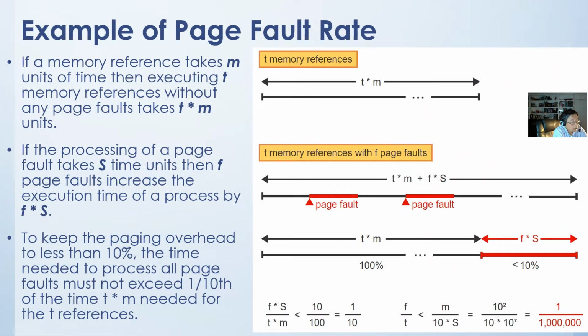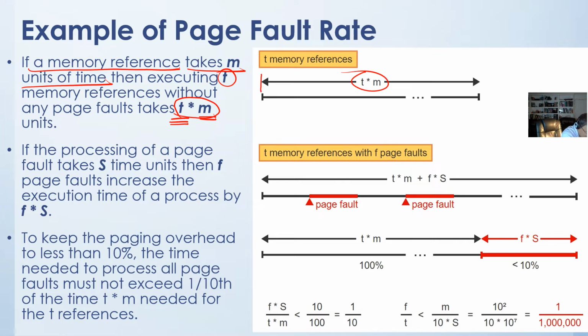Now let's talk about the overhead of page fault using an example. Suppose a memory reference takes M units of time, and T is the total number of memory references. Executing T memory references without any page faults takes T times M. T is the total number of memory references, and M is the time for each memory reference.